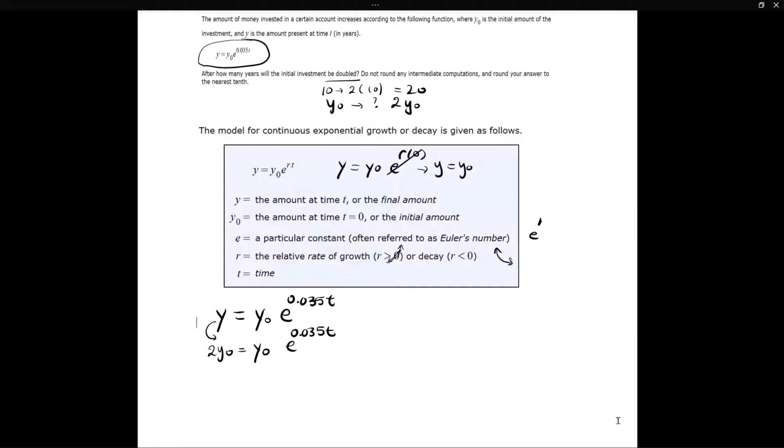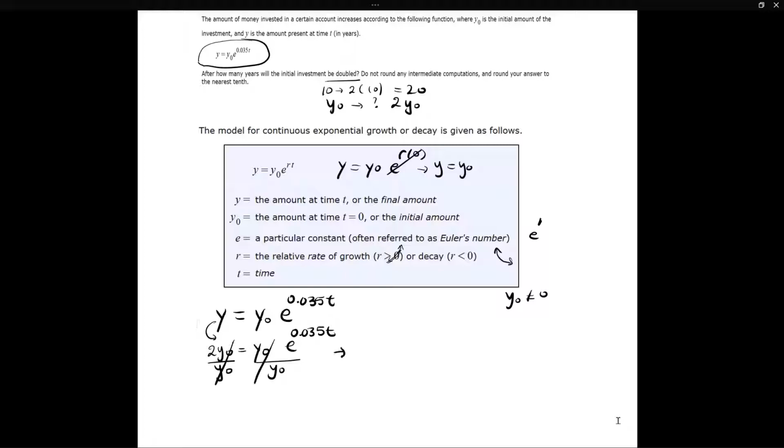Since y0 is not 0, because for this investment to happen, y0 has to be an amount, we can divide by y0 to cancel it. That's why we're allowed to divide. Dividing both sides by the same thing doesn't break the balance.